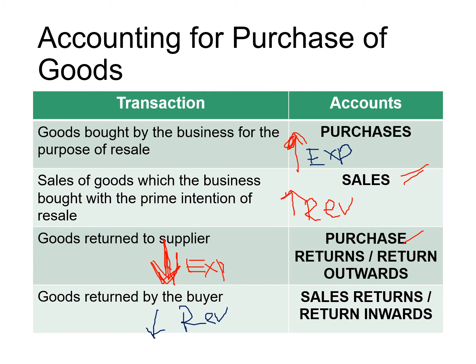Dan kita akan gunakan account sales return ataupun return inwards. Okay, account ni sama je, nama dia je beza, tapi dia kategori yang sama. Purchase return sama dengan return outwards, sales return sama dengan return inwards. Okay, so I hope that is clear. Kita move on to the next slide.